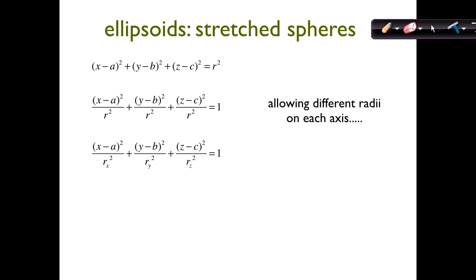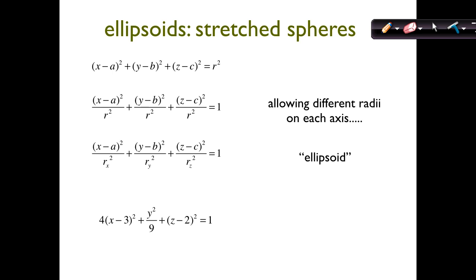That's called an ellipsoid. A sphere is based on circles in every direction. An ellipsoid is based on ellipses. Or it could be a circle, but if you allow for ellipses in the different directions, you get what's called an ellipsoid.